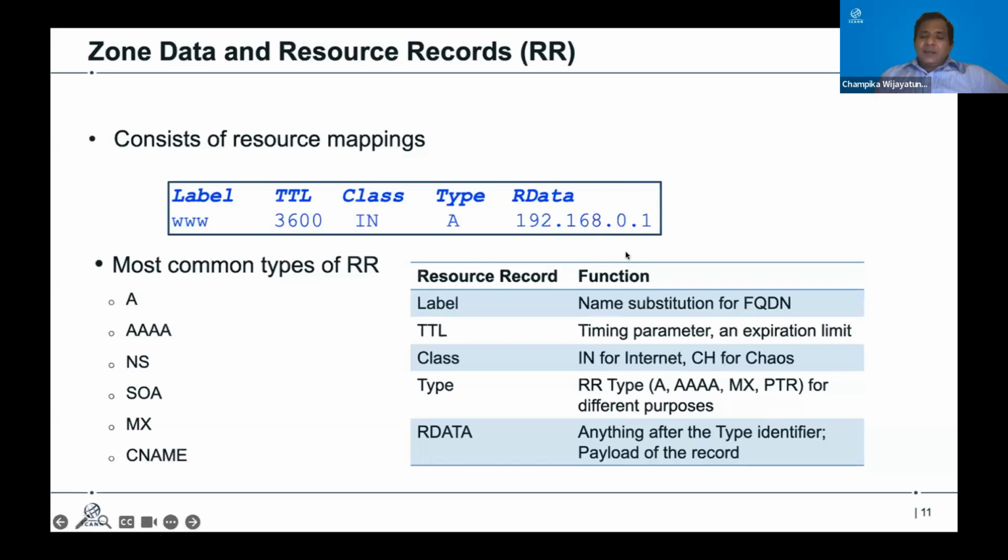So similarly, every resource record has got an RData field, resource data field, where you specify the data related to that mapping. Okay, so this is how a resource record looks like. And in a zone file, you will find many resource records like this.